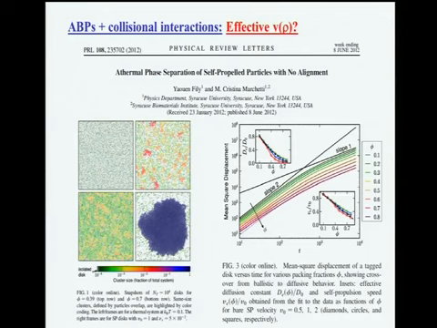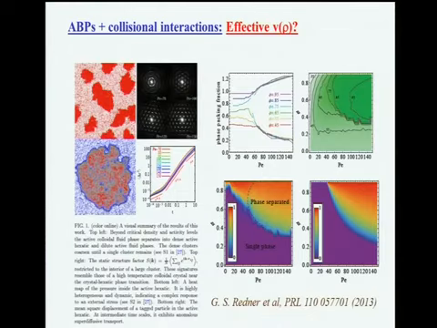You can measure the diffusion constant as a function of density, which should be v squared over a constant, and it pretty much is. So it does seem to fit with this picture of an effective V of rho driving the phase separation. And I'll show you our own simulations in a minute on that. Another paper by Redner et al. also addresses lots of complications at high density, like ordered phases and so on.